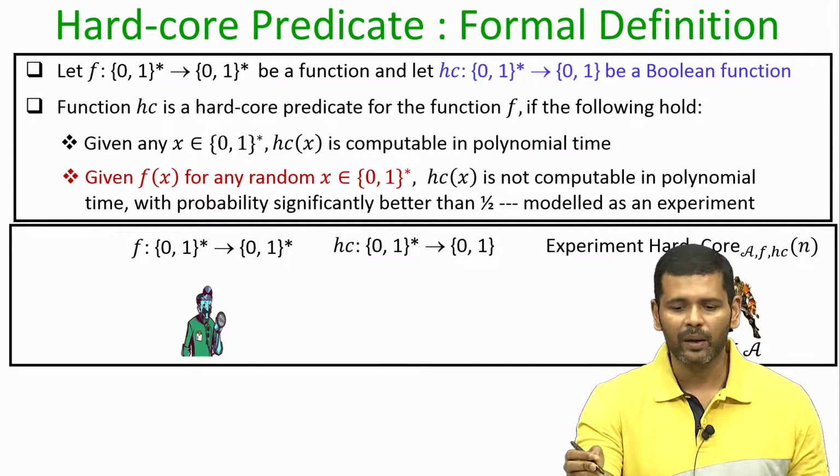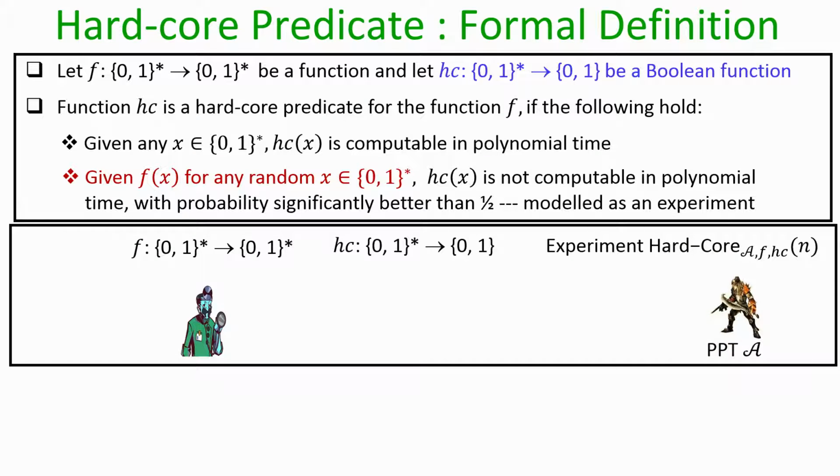So, this requirement of inability to compute the value of hc of x with probability significantly better than half by a polynomial time algorithm is modeled by an experiment, which we call the hardcore experiment. This experiment is designed with respect to a function f, which is publicly known, which is a candidate function, which could be a candidate one way function or one way permutation, or it could just be a function, and associated with f we have a candidate hardcore predicate, which is a Boolean function.